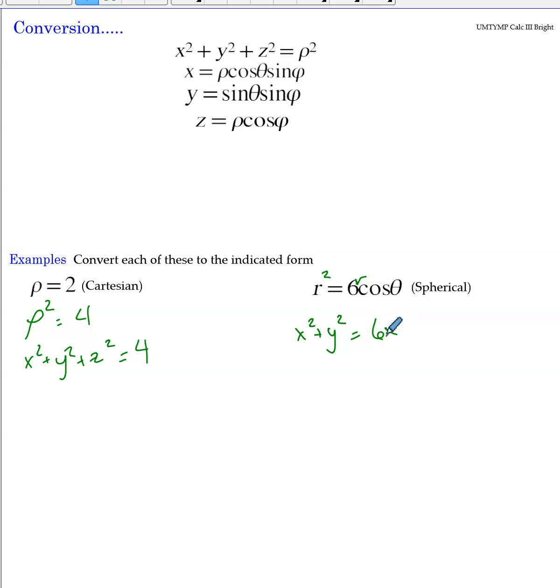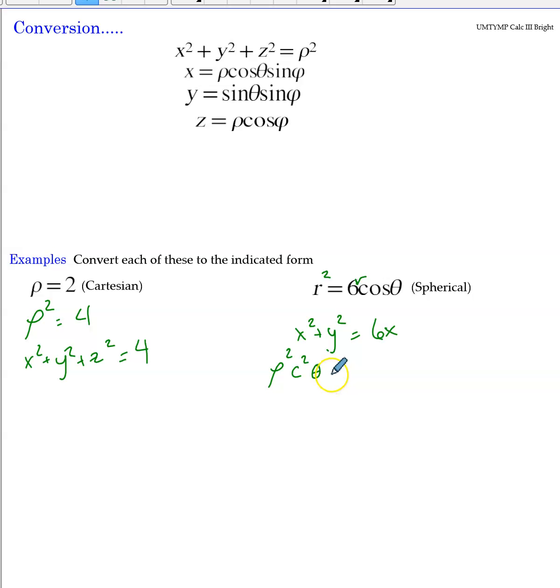And then, well, from here, what do I do? Well, it's in Cartesian, so let's put in the formulas. So I get rho squared cosine squared theta sine squared phi, and actually I should probably include the angles just so we keep those straight.